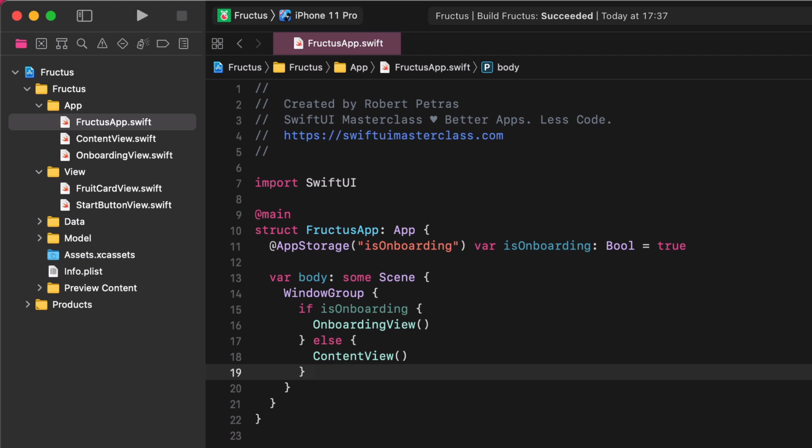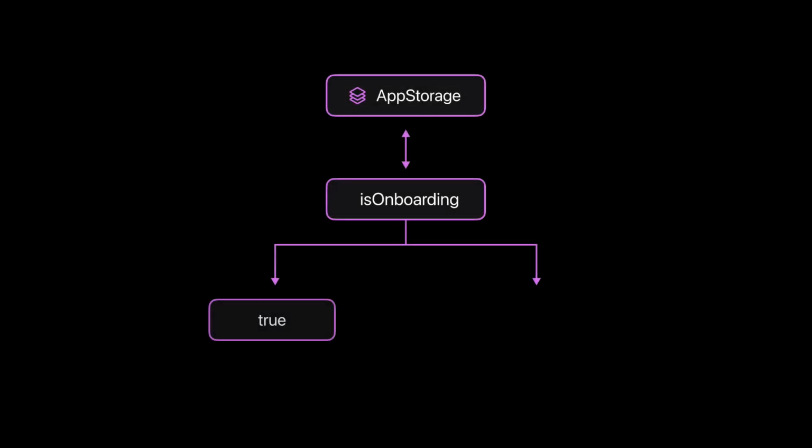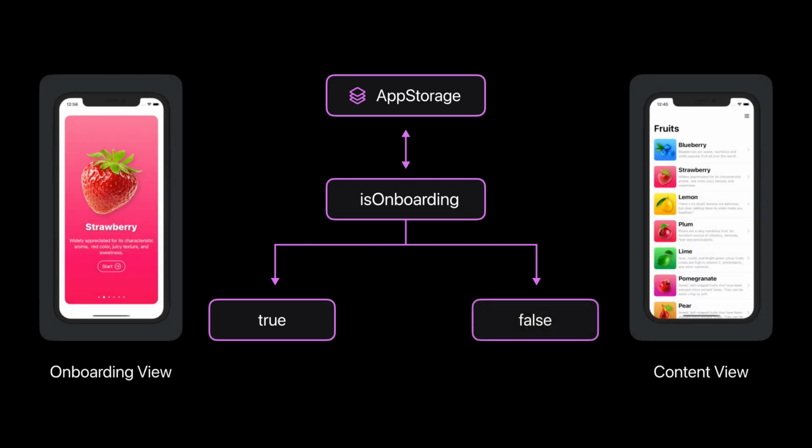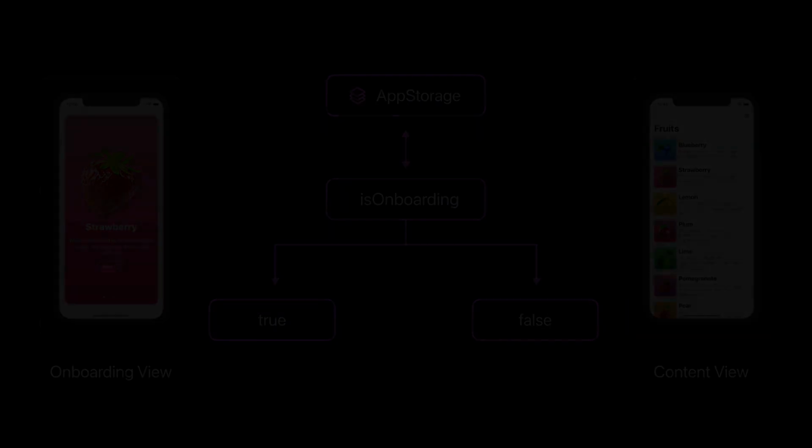If the value of the isOnboarding property is true, then the window group scene renders the onboarding view for us. If its value is false, then the content view is rendered on the screen.